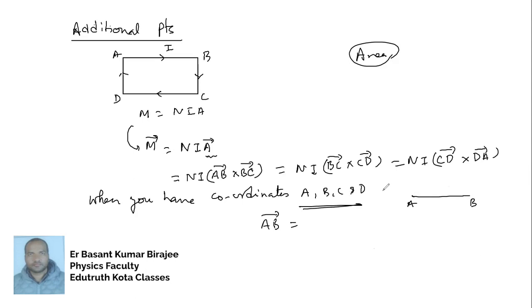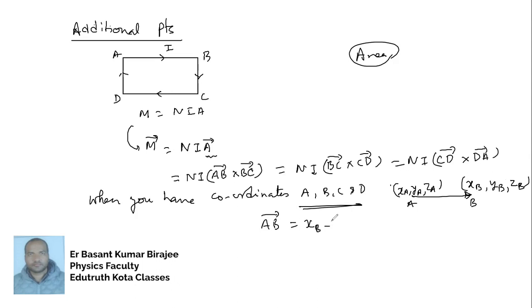You can write XA, YA, ZA, and here you have XB, coordinate of B, YB, ZB. Then AB vector is written as how much?